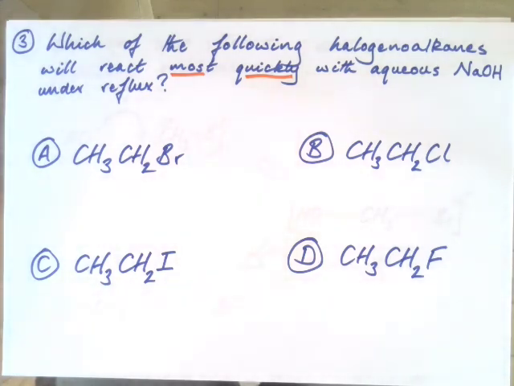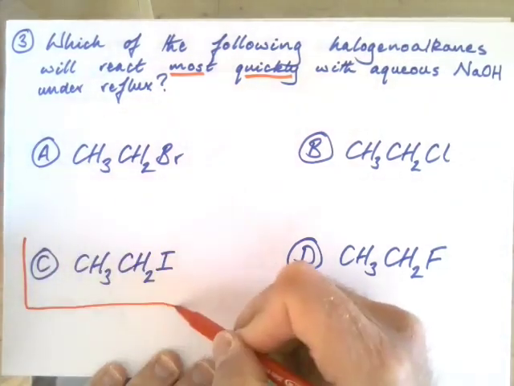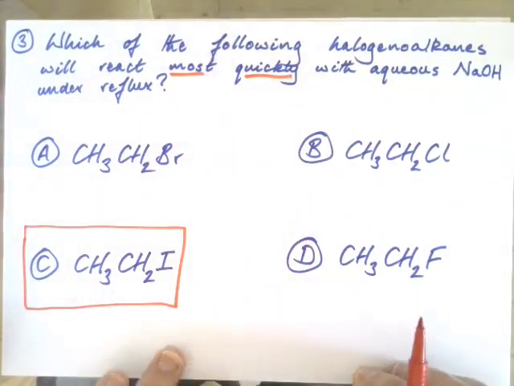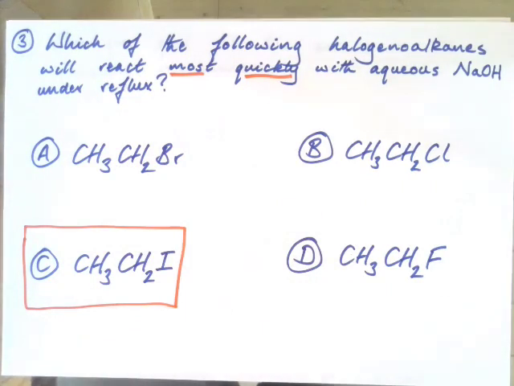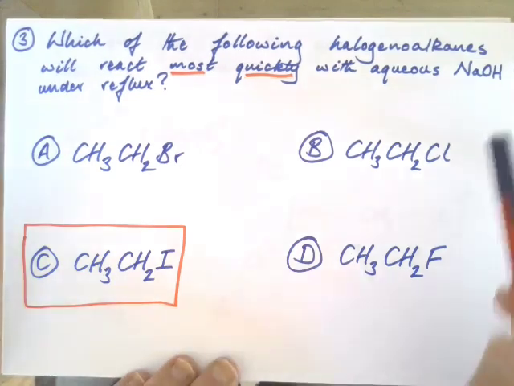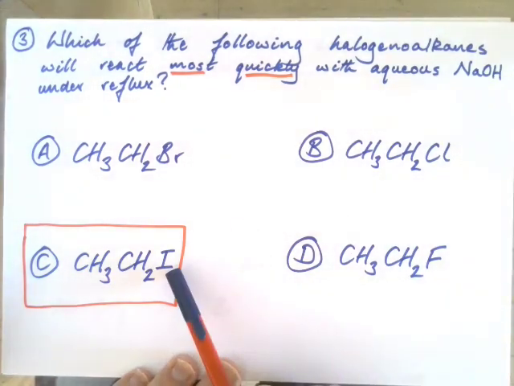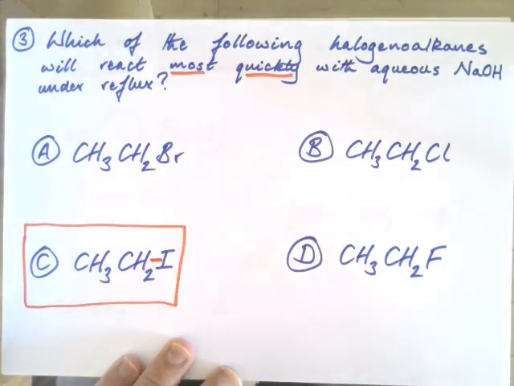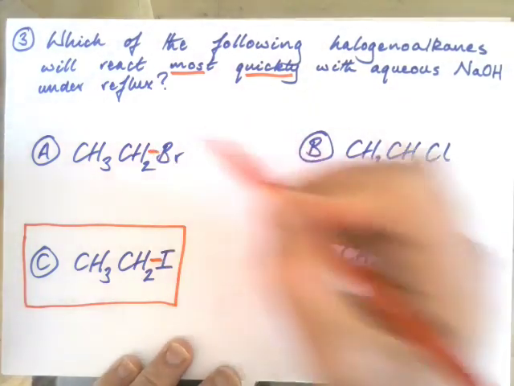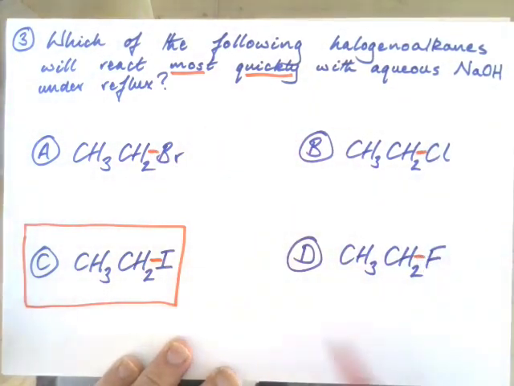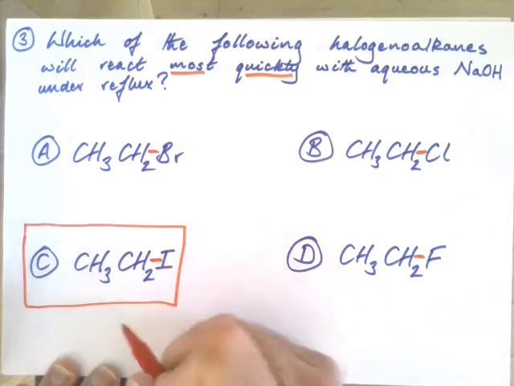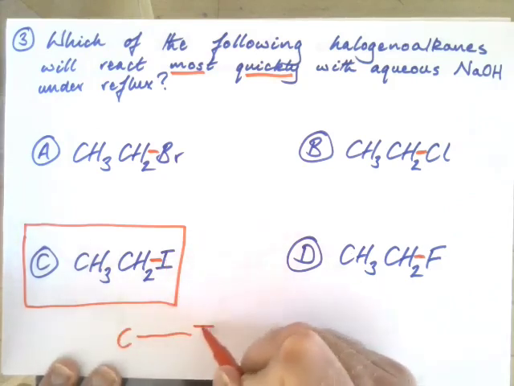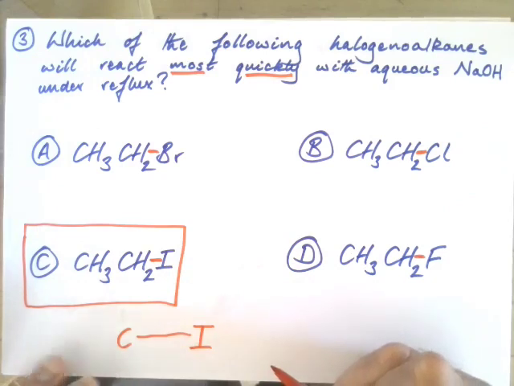Okay, the correct answer is C. Iodoethane will react most quickly with aqueous sodium hydroxide under reflux to swap the I for the OH. The reason being, this carbon-iodine bond is the weakest of these 4 bonds. That's because the iodine is a big atom, and so it sits a long way away from the carbon, relatively speaking.